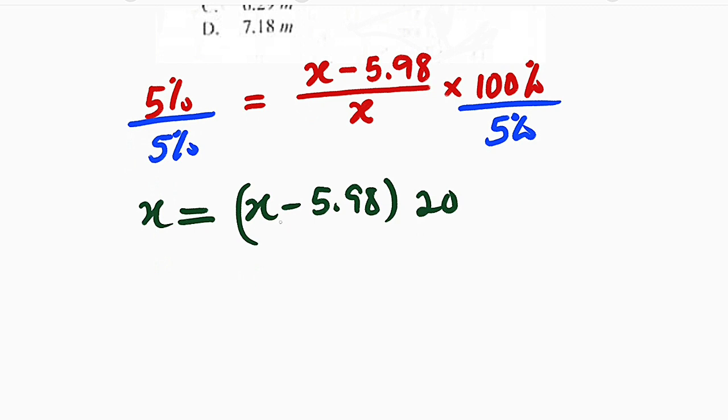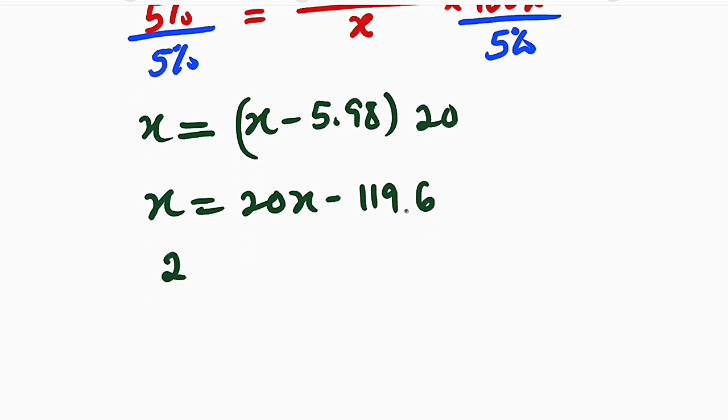Then you can expand this. x equal to x times 20 is 20x minus 5.98 times 20 is 119.6. So we make x the subject. 20x minus x is equal to 119.6.